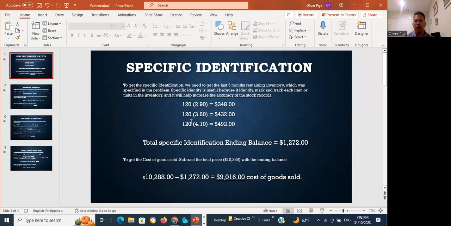I already put in the answer, but I will be presenting in PowerPoint how I get the specific identification, weighted average, FIFO, and LIFO.